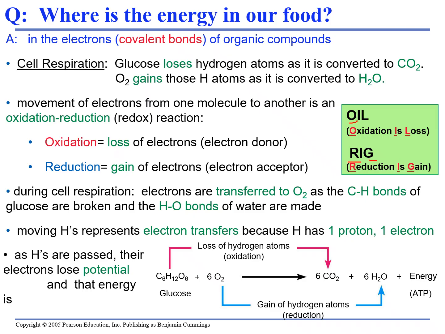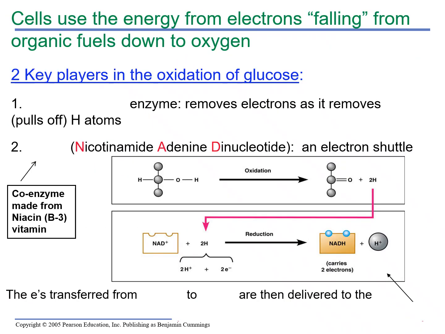As the electrons you see here are passed on, they lose energy. And if a bond is broken, the bonding electrons can be used to build ATP. We use the energy from electrons falling from organic fuels down to oxygen.